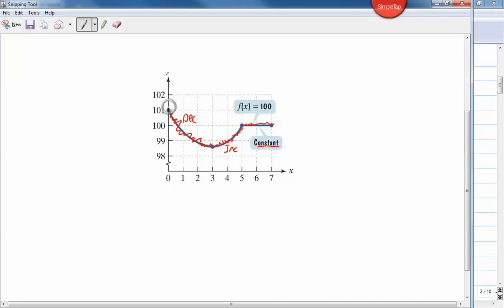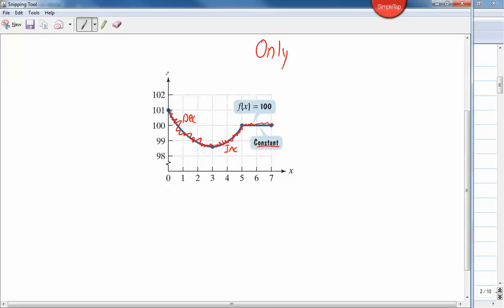So if a graph is going down from left to right, it's decreasing. Up from left to right, it's increasing. And if it's staying the same, it's constant. Now, when we write the intervals on which a function is increasing, decreasing, or constant, we only use x values. So this is a little different from domain and range.